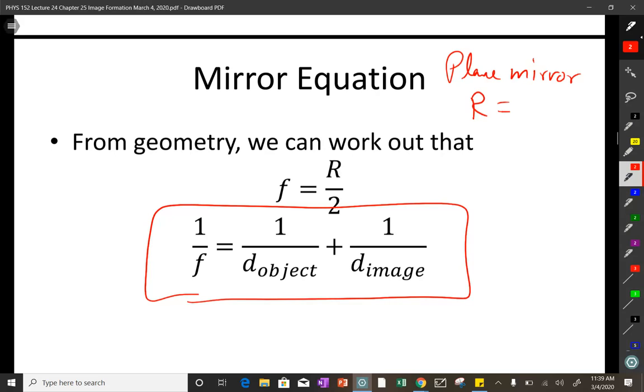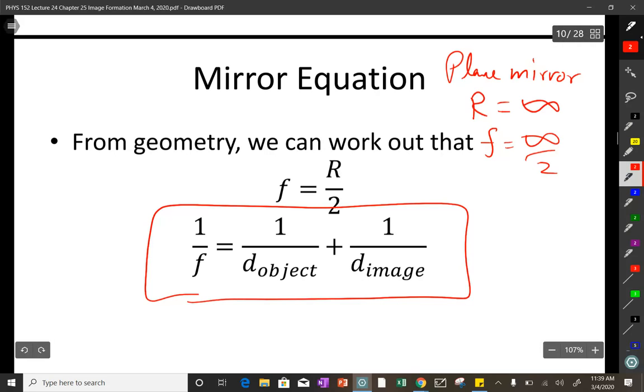Where do parallel lines meet? Okay, never or infinity. And so the radius is infinity for a plane mirror, which means the focal length is infinity over 2, which is still infinity. No, I mean, you're right. I should have written it that way.